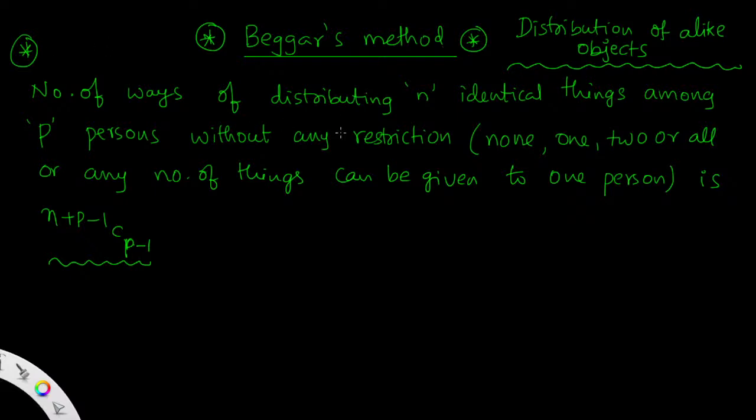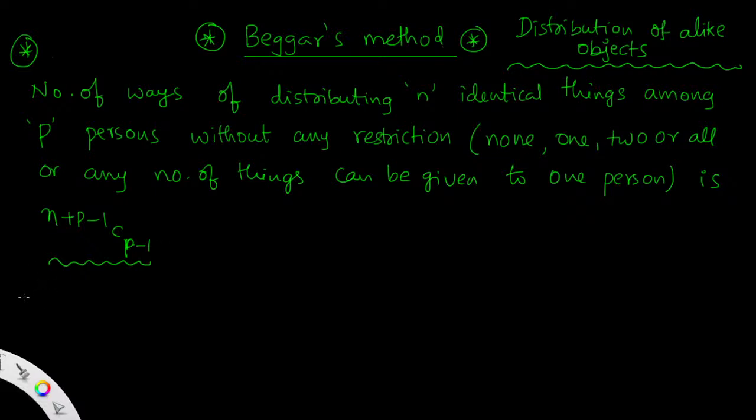So for our convenience, the distribution of alike things formula is n plus p minus 1 C p minus 1. C means combinations, choosing p minus 1 out of n plus p minus 1.